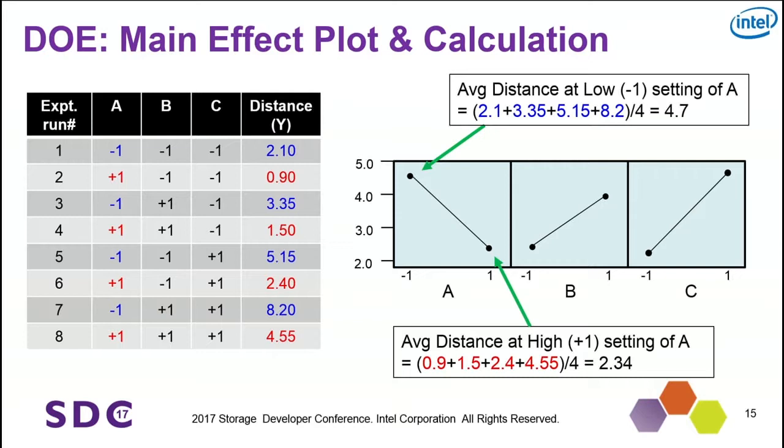When A is at -1, the low value, the point there is actually the average of all the blue points, which correspond to A at -1. Then when A is at +1, you take the average. That's how we estimate the main effect. If factor A has no impact on your output, it will be a horizontal line, right? No matter whether it's a low value or high value, it's just flat. In this case, all 3 factors here have an impact on your response output.